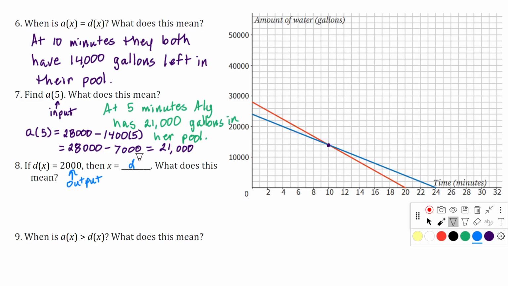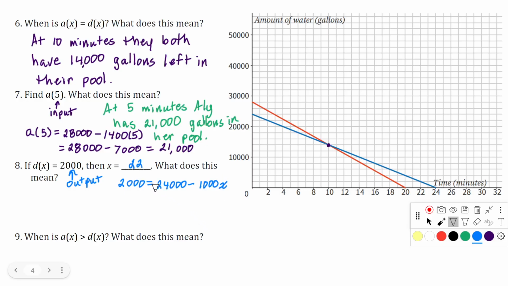Now I could also find it algebraically. I could set 2,000 equal to 24,000 minus 1,000x.